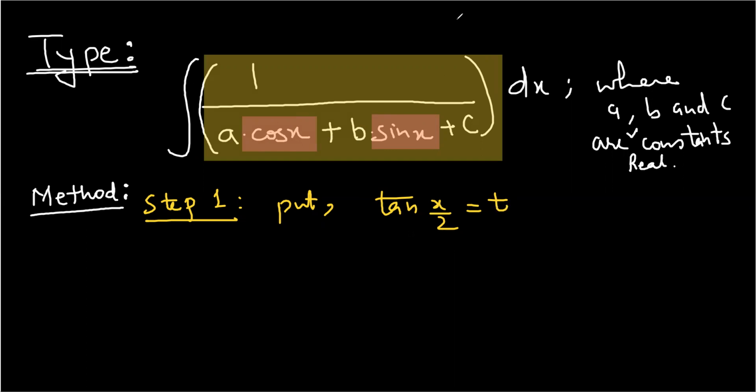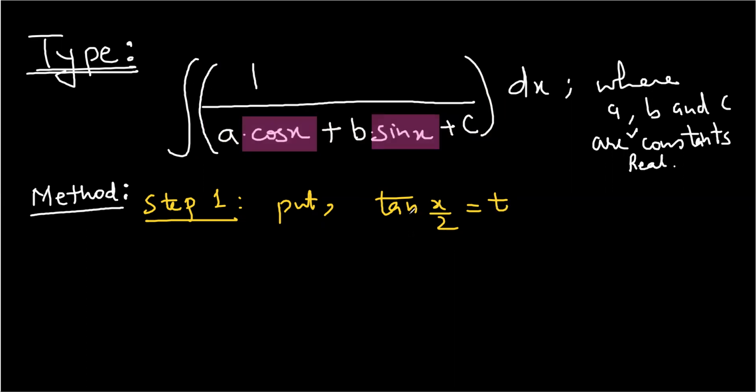Okay, there is a point in this. You don't see tan x by 2 in the integral, but you see cos x and sin x. If you remember, we had done a formula where we wrote cos x and sin x in terms of tan x by 2.